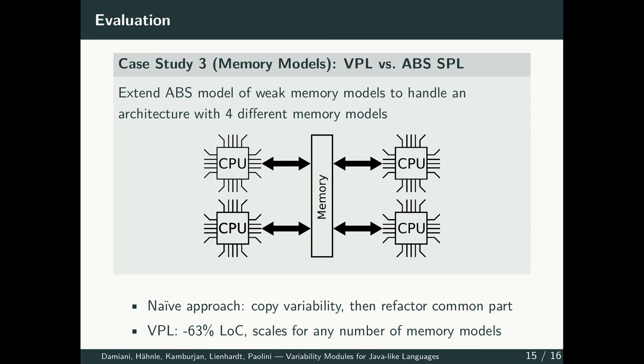So this obviously does not scale because you blow up your feature model as well. Now you have a copy of each feature for each of the CPUs. Also, it's very wasteful in terms of lines of code. So using variability modules saved us around 2/3 of the lines, even with manual refactoring.